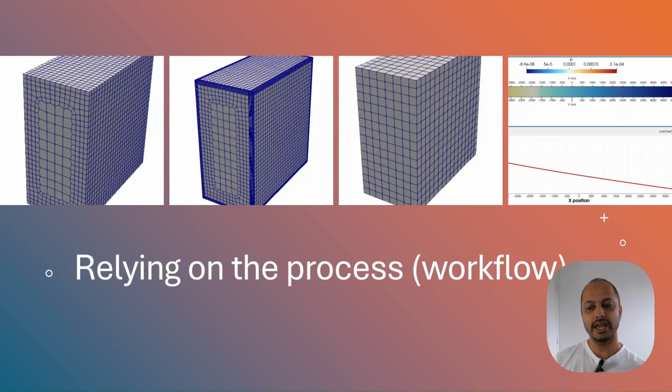And then there's the engineering or research workflow: how you go about translating what you have initially, your sketch, your ideas, your use case, your physics, over to what it needs to be before you can press solve.